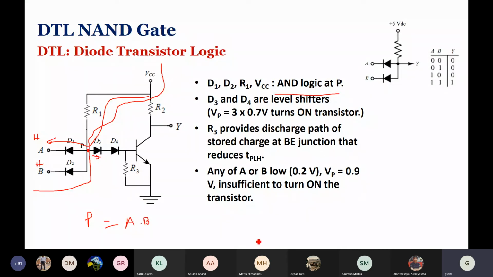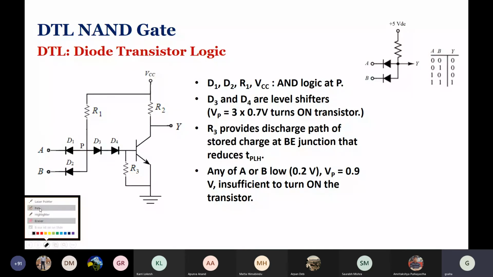Now let us look at what these two diodes are doing. If they were not there, then whenever P is 0.7 volt or so, this B junction would start conducting.